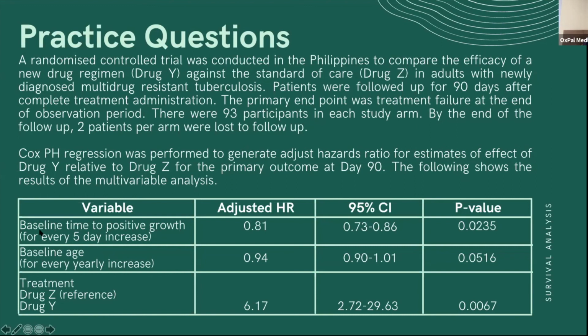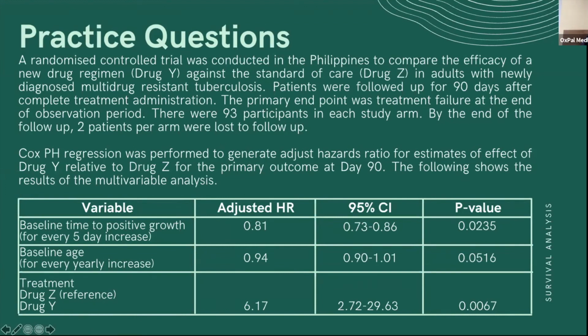First is the baseline time to positive growth of the tubercles, for every 5-day increase. Then the baseline age of the participants, for every increase in age. And lastly the treatment. The reference is drug Z, so we're looking at the effect of drug Y, the new drug, over drug Z.